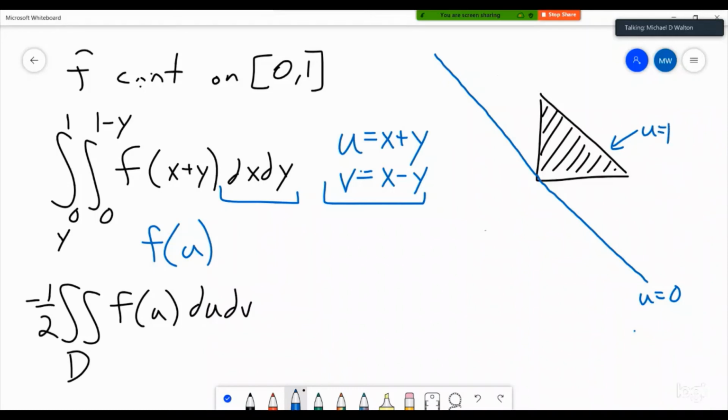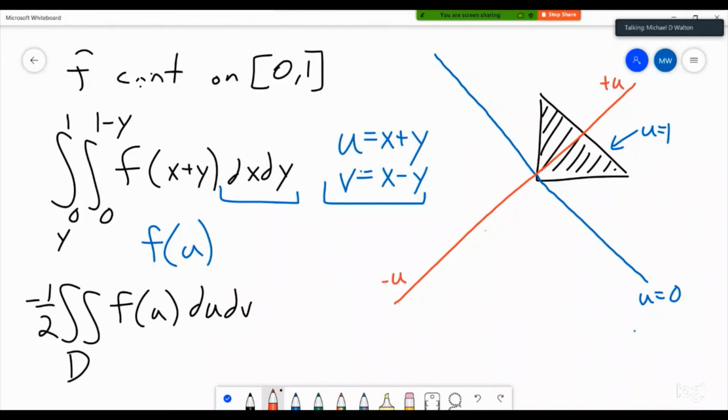That blue line is going to be our v-axis. The next thing we need to figure out is what is going to be our other axis. So we figure out when v is equal to 0, and that's going to be when y equals 0. So this is going to be our second axis. This direction is plus u, this direction is minus u.